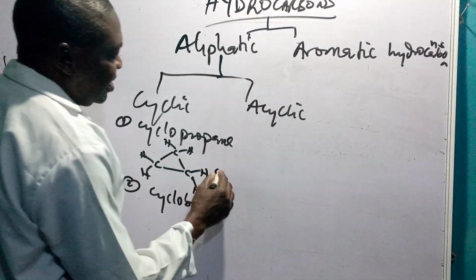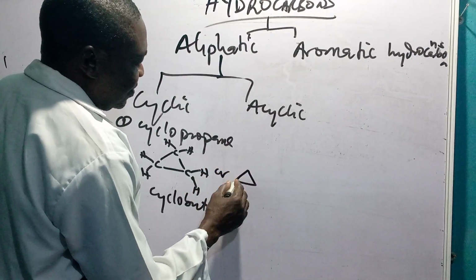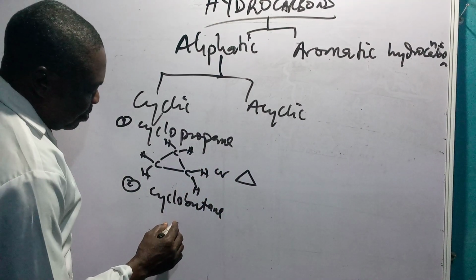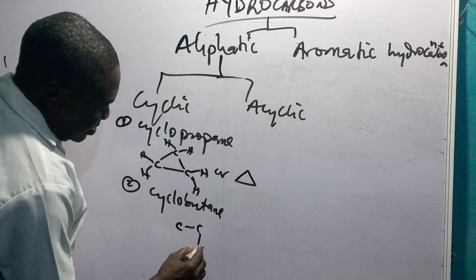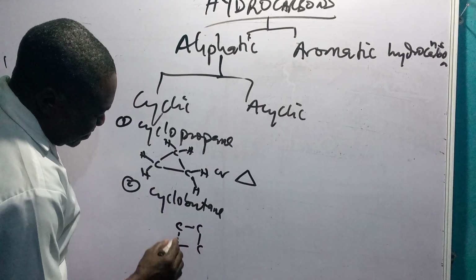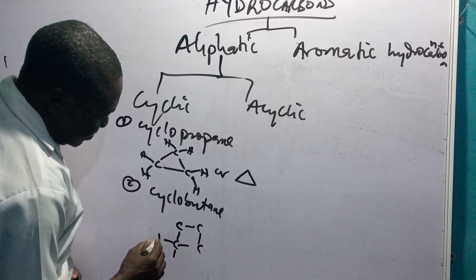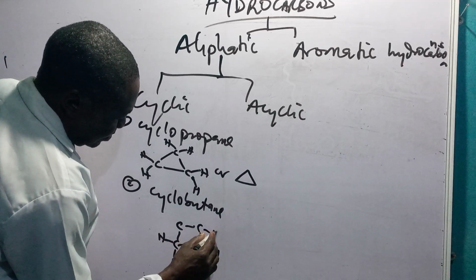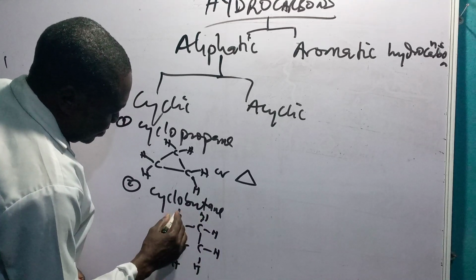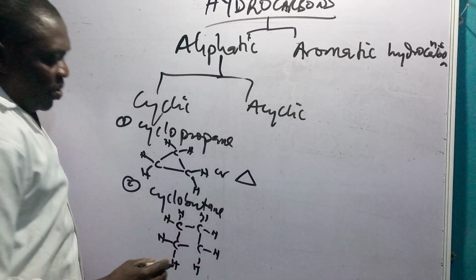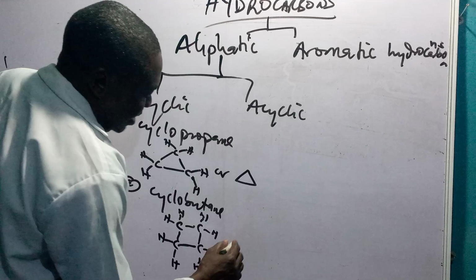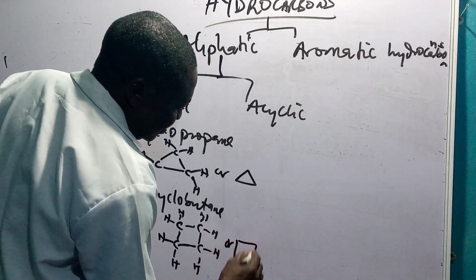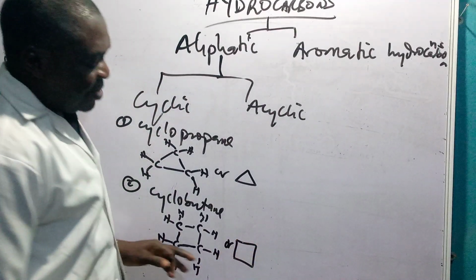This structure can also be represented in this format. Cyclobutane has this kind of structure. We can also draw it in form of a rectangle or a square, where they must be joined together.